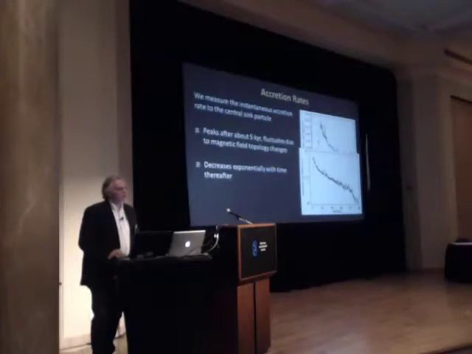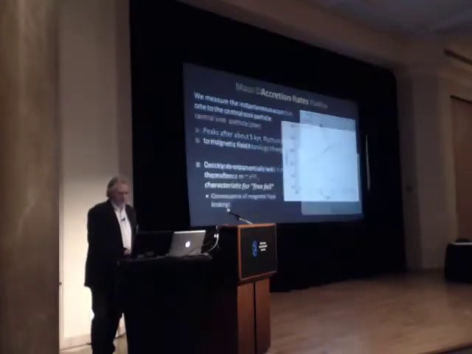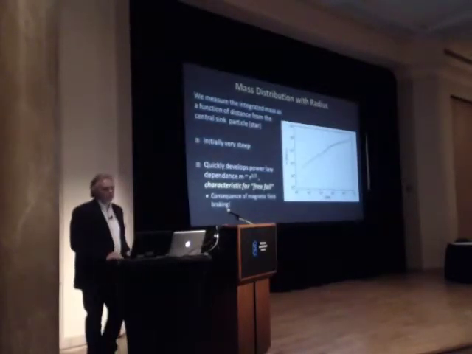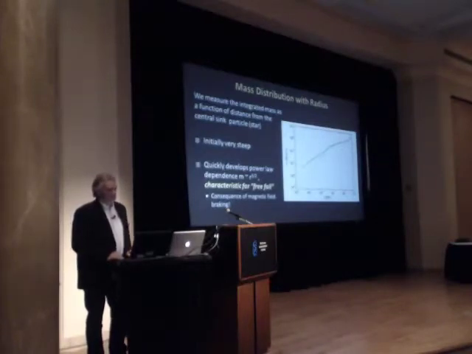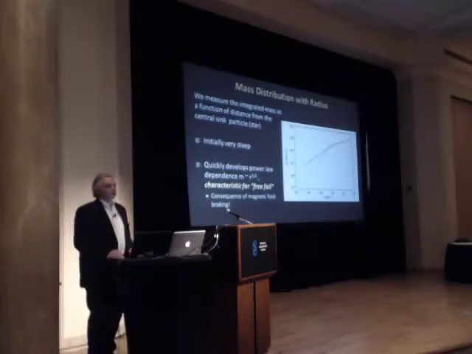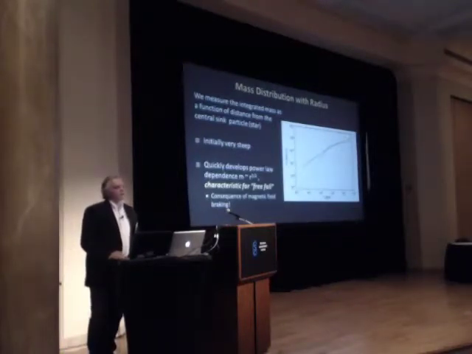And the reason why this happens is really, really interesting. Here is a plot showing the distribution of mass as a function of distance from the central sink. The dashed line is the initial distribution. It's very steep. But very quickly, during this transition from 0 to 5 kiloyears, it goes to a power law.